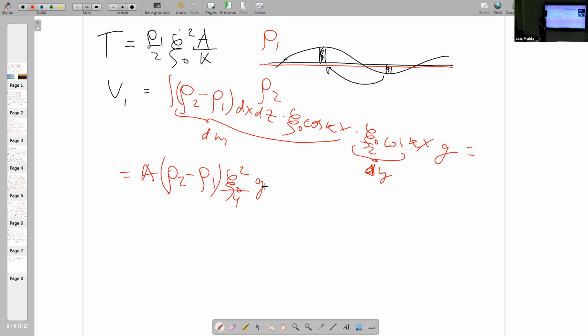And now we can also express, if we want, capillary energy, the change of surface area. So V2 is, now, if we have here a certain small angle alpha, then what happens with the surface area? It becomes bigger, right? So surface area here is proportional to dl. If this is dl and here we have dx, then dl equals dx divided by cosine alpha.